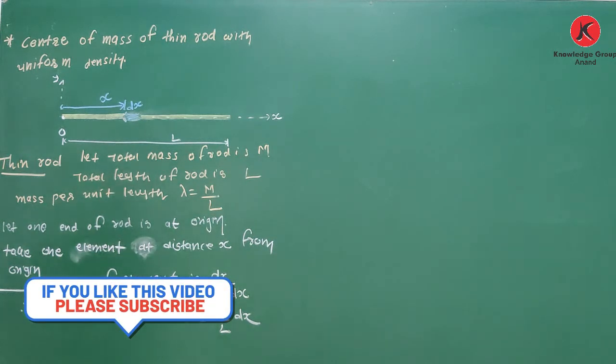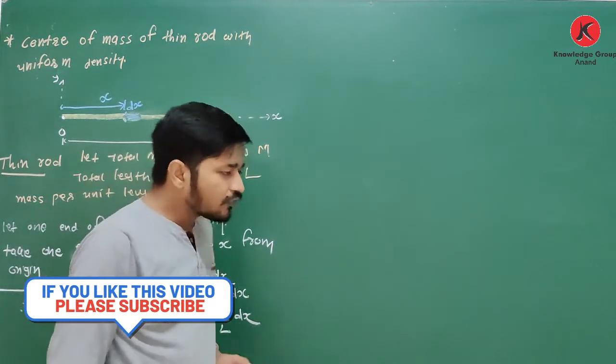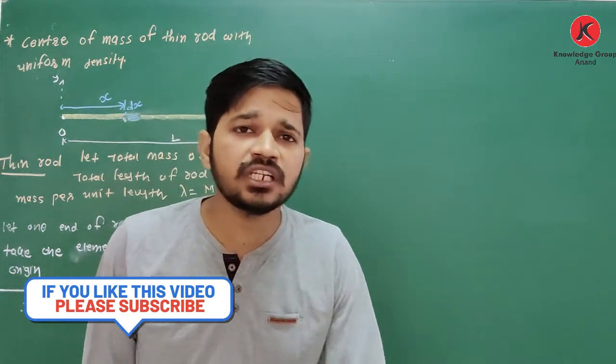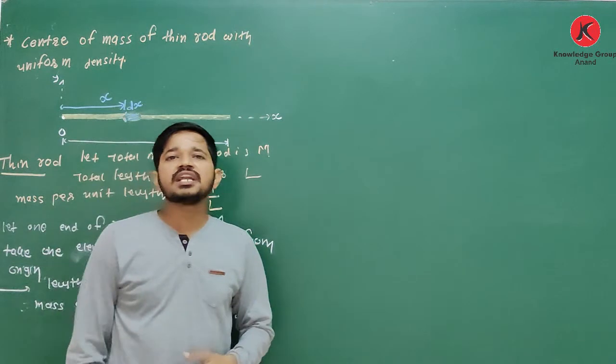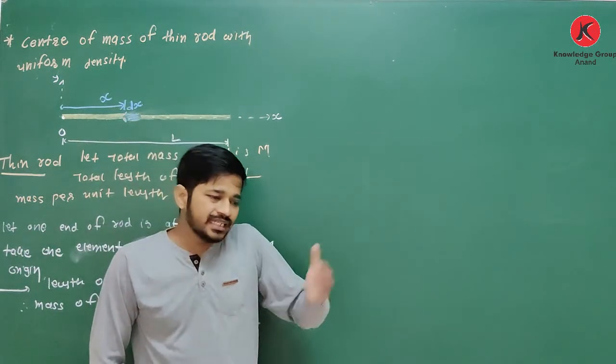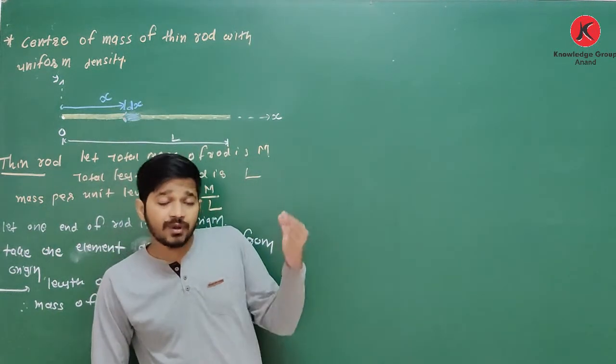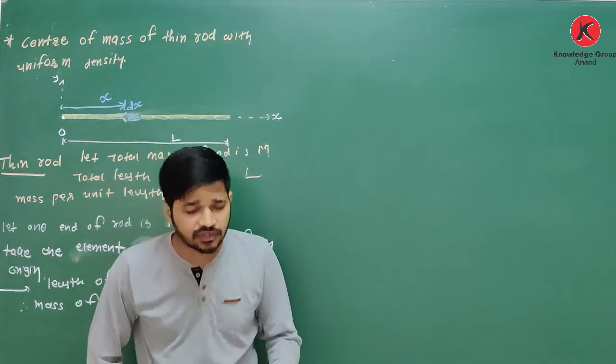Now see, in the last lecture for the center of mass of a rigid body we obtained one equation: r center of mass is equal to integration r dm upon integration dm, and yes, it has three components: x center of mass, y center of mass, and z center of mass.